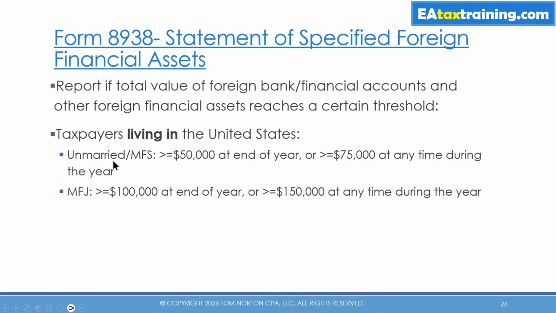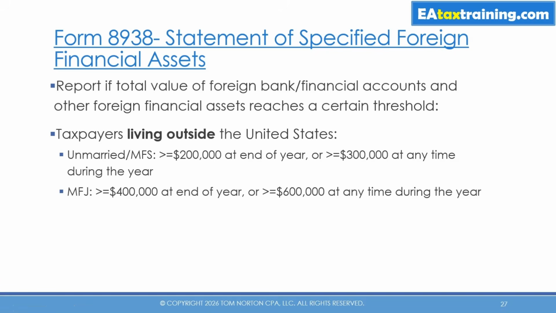If you are living in the United States and you are married filing jointly, then those thresholds double. So it's greater than or equal to $100,000 at the end of the year, or $150,000 at any time during the year. If you are living outside of the United States, the thresholds are higher. I think they figure if you're living outside the United States, you're more likely to have these foreign accounts, so they give you a higher threshold.